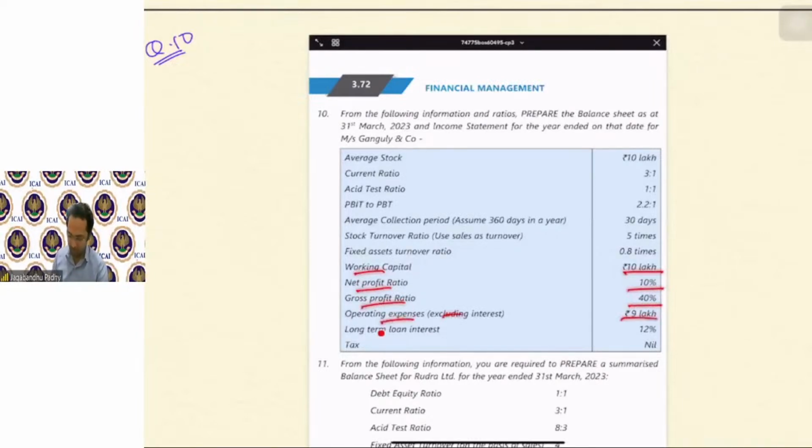Operating expenses is given, long-term loan interest percentage is given, and tax is nil. So we have to prepare the balance sheet as well as the income statement from these numbers.